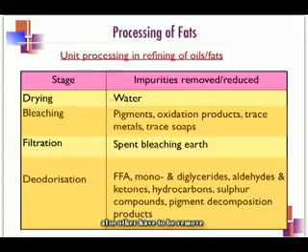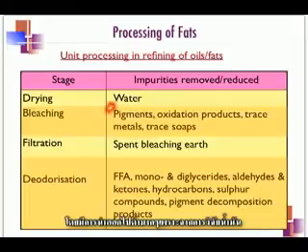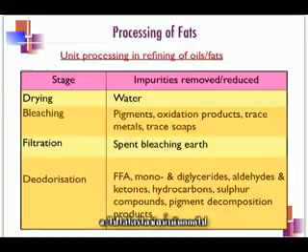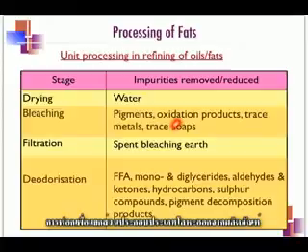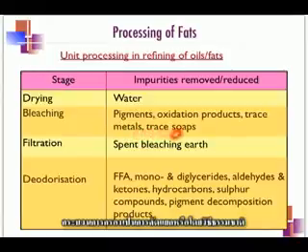So the water has to be removed to a very, very low level, because water can promote hydrolysis of the triglycerides in the oil. Bleaching is a process to remove color, the pigments which give the color of the crude oil. And during bleaching it will also remove other components, for example the oxidation products, more trace metals, and the trace soaps which result from the neutralization step.